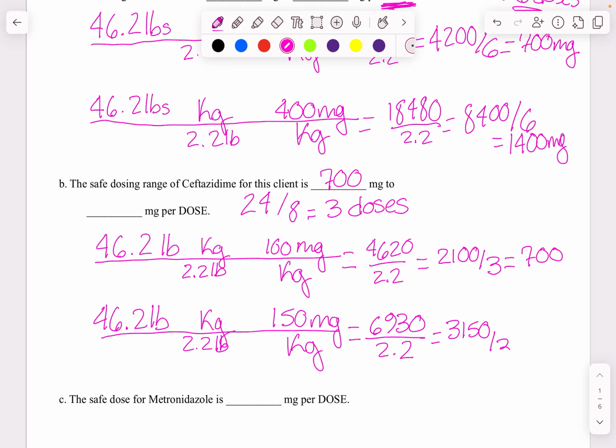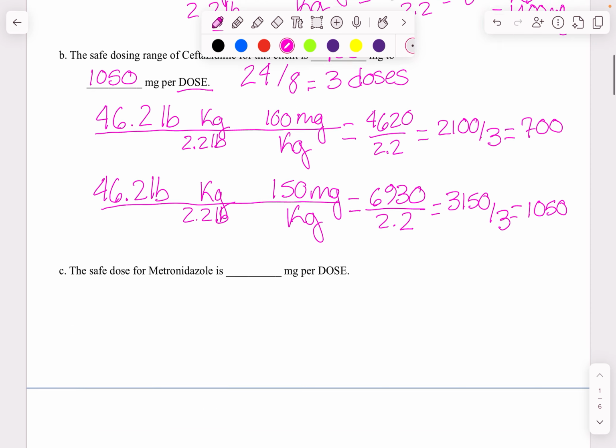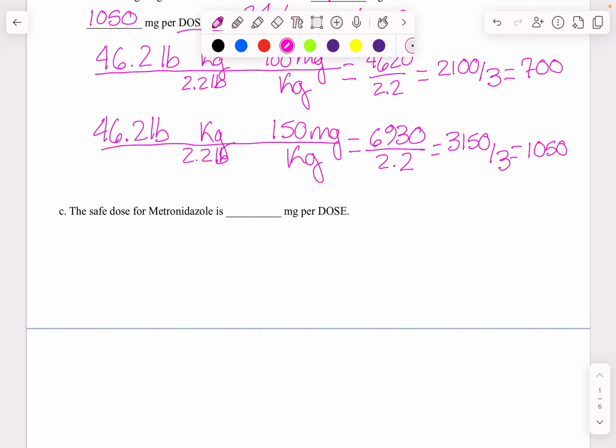Divided by the 3 doses is 1,050 milligrams per dose. So our safe dosing range of the Ceph for this client is 700 to 1,050 milligrams per dose. Okay, so now C for the MET.